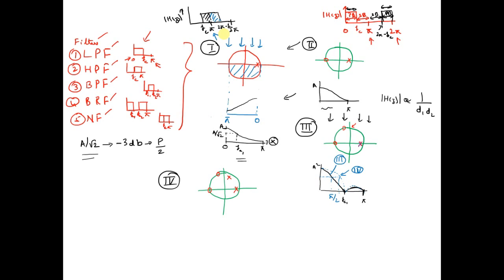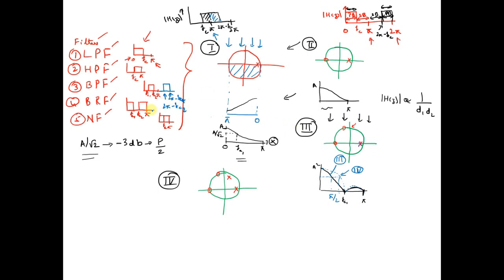Similarly, in the band pass filter, we will have 2 pi minus fc2 and 2 pi minus fc1 as the repeated frequency components. This would be fc2, this would be fc1.